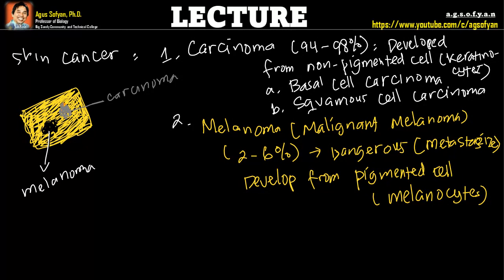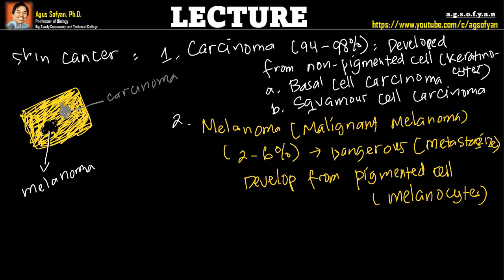Okay, so again, there are basically two types of skin cancer, carcinoma and melanoma. And there are two types of carcinoma. Basal cell carcinoma arises from the cells located in the basal layer, and squamous cell carcinoma arises from other cells, especially keratinocytes located in maybe the stratum spinosum and granulosum area.